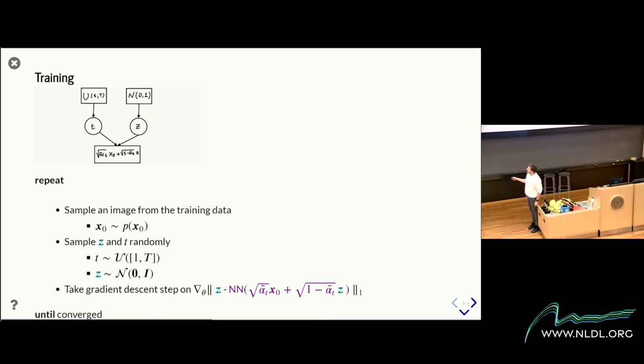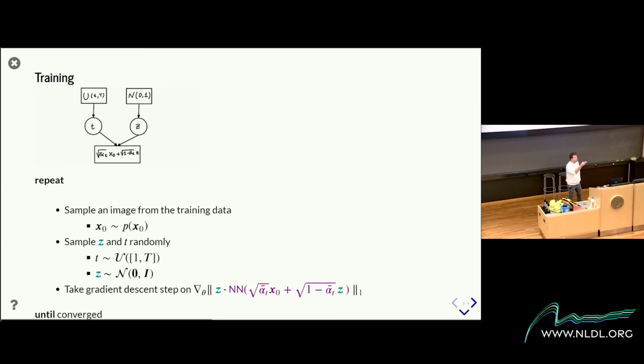Then we sample z randomly. We also sample the time t randomly, and then we take a gradient step based on this loss function, the loss between z and the noise predicted by the neural network, which takes as input x of t. Okay? So this is very simple.